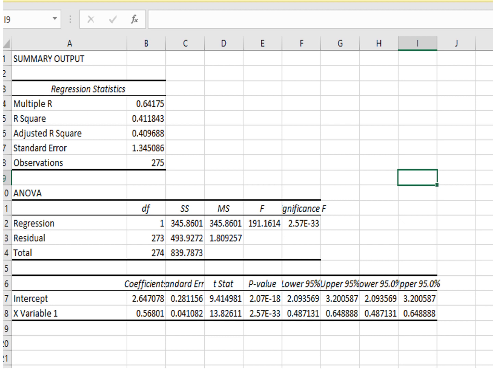So our regression equation is Y equals, where Y is how much a female likes her partner, Y equals 2.647 plus 0.568 times how fun she found her partner. Notice that's a positive coefficient, so that means a positive relationship. That makes sense.